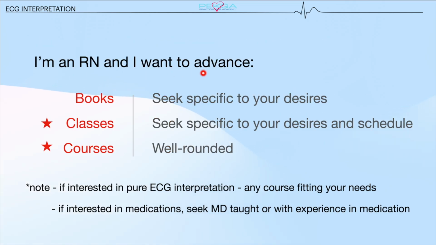Now, if you're a nurse and you want to advance, again, you can find a book that is specific to your desires. If you don't know what you need, ask somebody on your floor. Okay, so I'm looking to advance in AV blocks or dysrhythmias. What's a good book? Or maybe books, right? Sometimes you might have to get more than one.